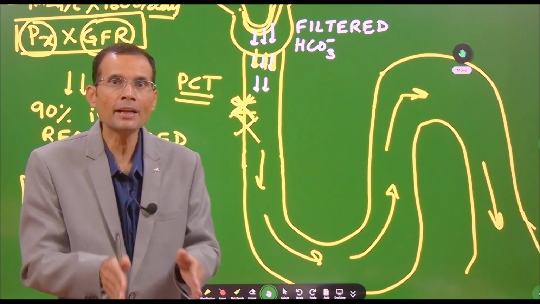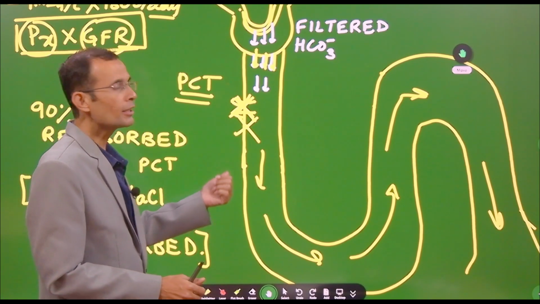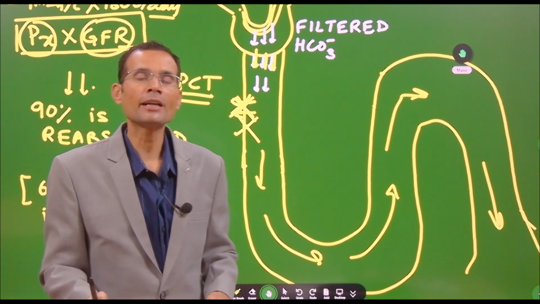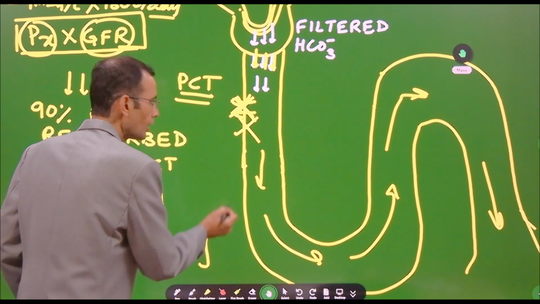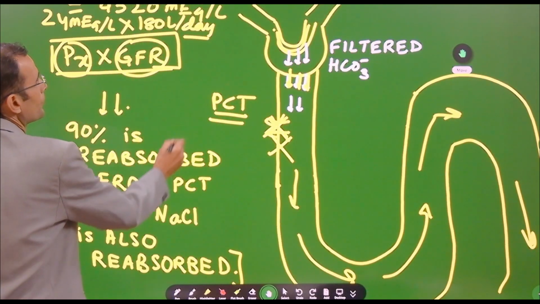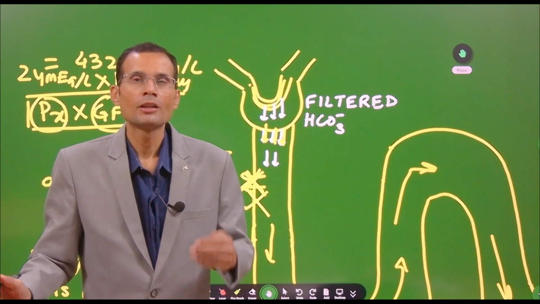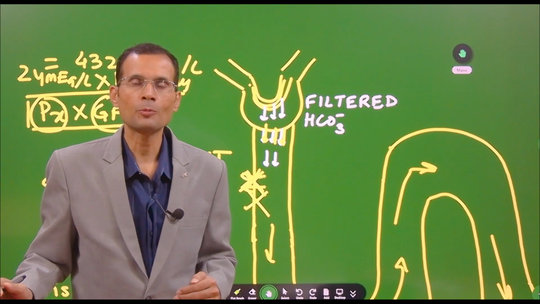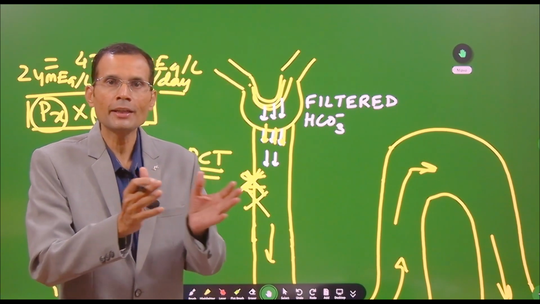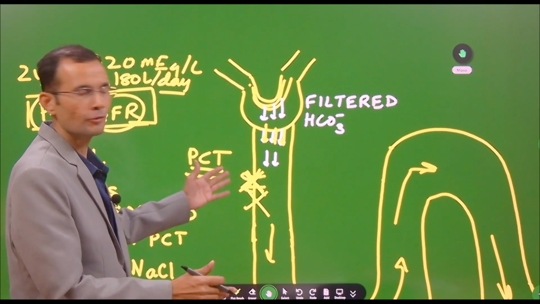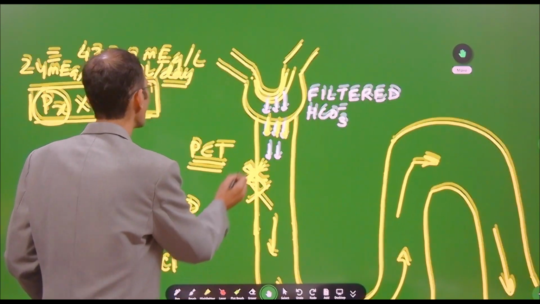That's not their main action, but they are causing loss of bicarbonate mainly into the urine. Let's talk about the reabsorption of bicarbonate. That is where the whole game lies in the case of this category of drugs.